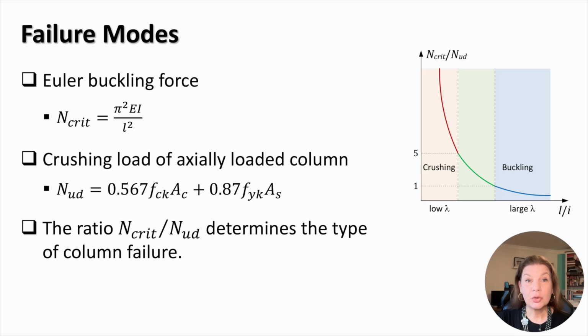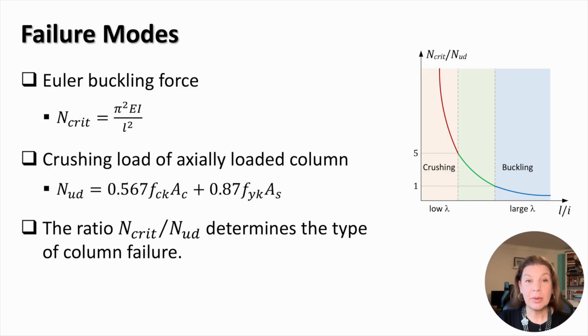The axial load causing column buckling can be found using Euler's formula, which is based on column bending stiffness. The axial load causing material failure can be found using the design material strength. In the case of a reinforced concrete column, the crushing axial load is found by adding the contributions of concrete and steel to the axial compression resistance of the column cross-section.